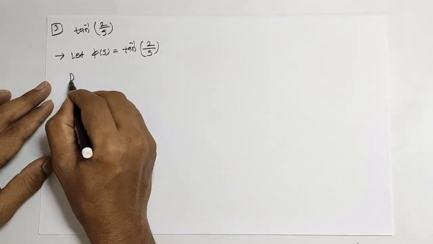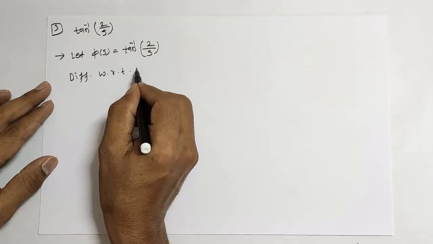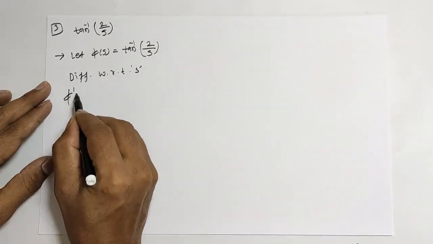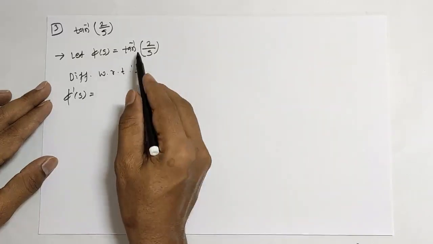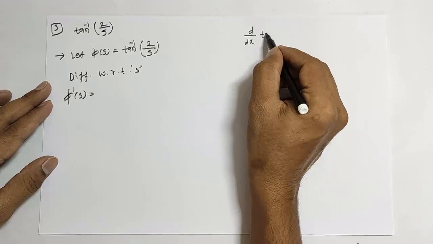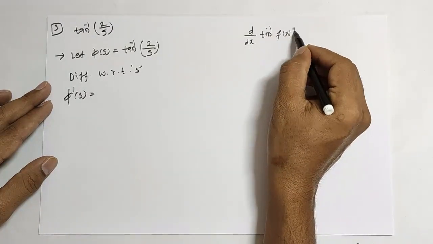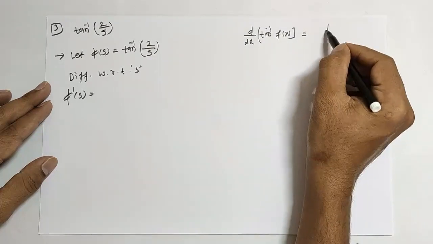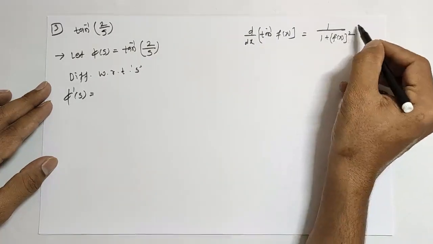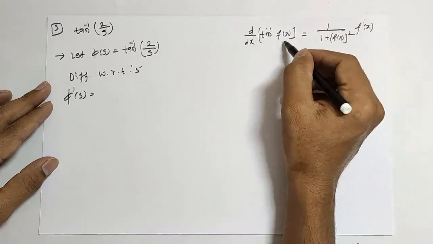So differentiating with respect to s, derivative is phi dash of s is equal to, as you know, d by dx of tan inverse some f of x is there, 1 upon 1 plus f of x bracket square into derivative of f of x, that is f dash of x.